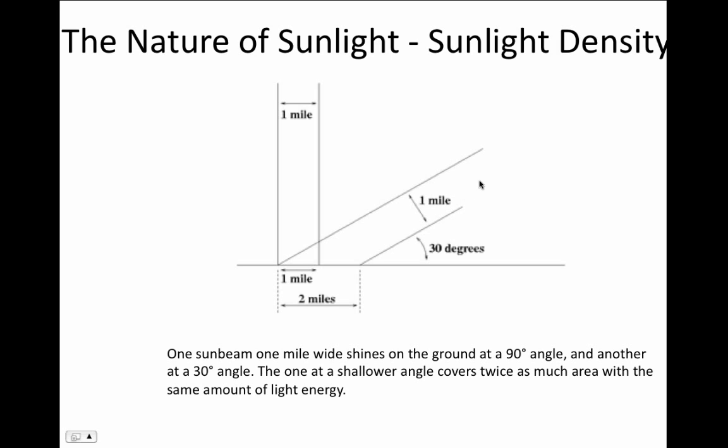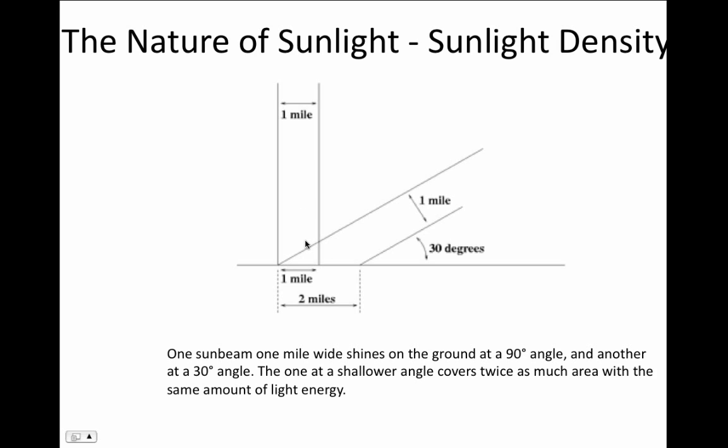But if the sun is coming at an angle, let's say the same 1 mile section of sunlight coming into the Earth at 30 degrees and at an angle in the wintertime, then when it hits the Earth, that 1 mile of sunlight is going to spread across 2 miles. So you'll actually have half as much energy per square foot as when it's straight on.